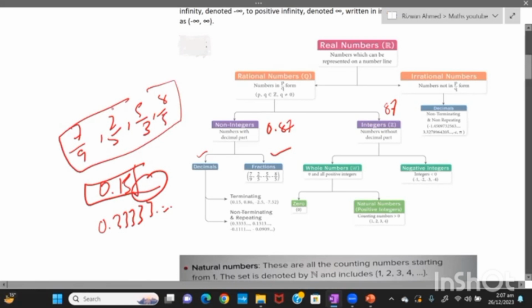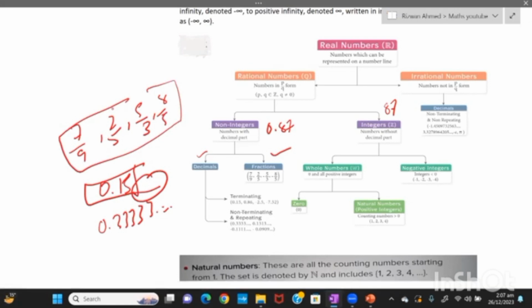Same thing with integers, which are usually represented by Z. You can call them whole numbers, W, and negative integers. Whole numbers include 0 and all positive integers, like 0, 1, 2, 3, 4.